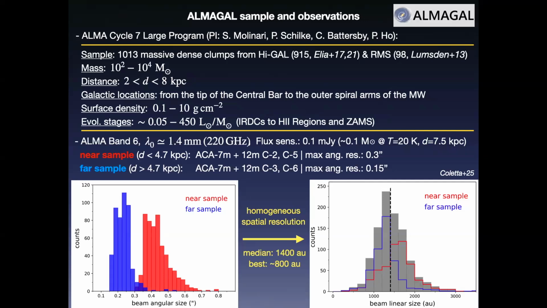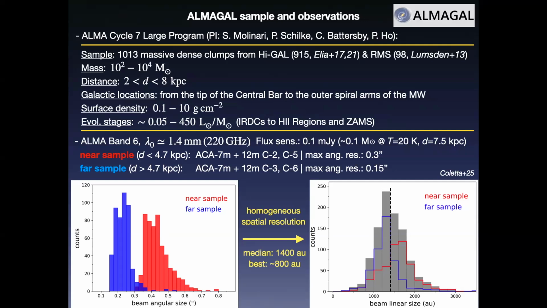Yeah. Okay. So ALMAGAL is a large program performed with the ALMA radio interferometer in Chile. The main feature is that it has a very wide-ranging sample of massive dense clumps, more than 1,000, that were selected from the ATLASGAL and RMS surveys.